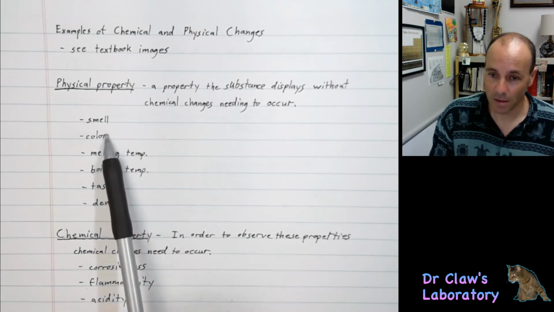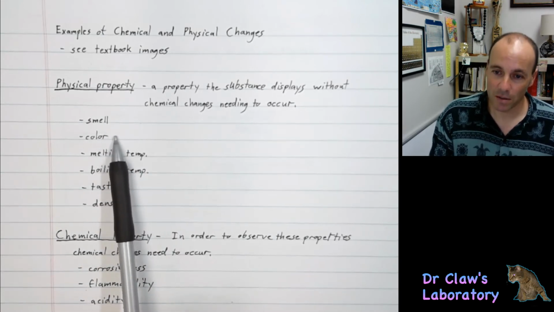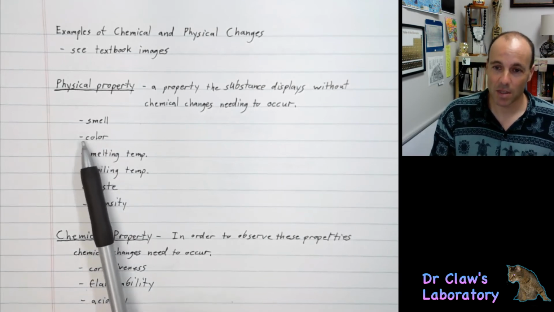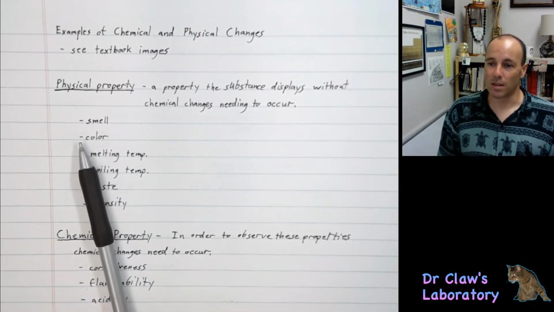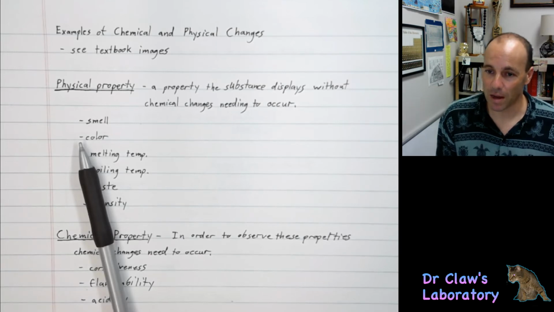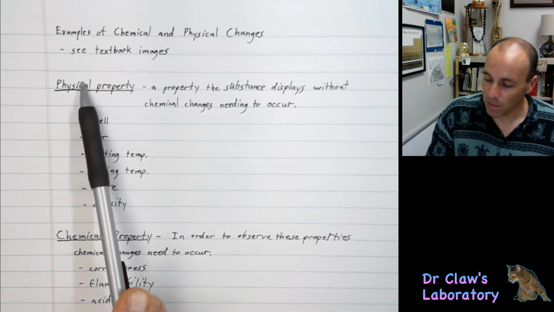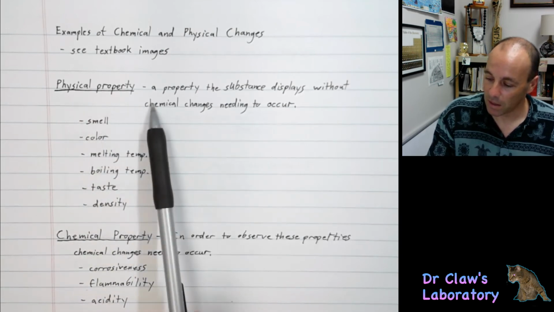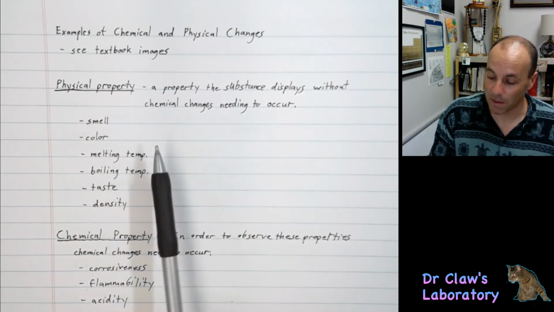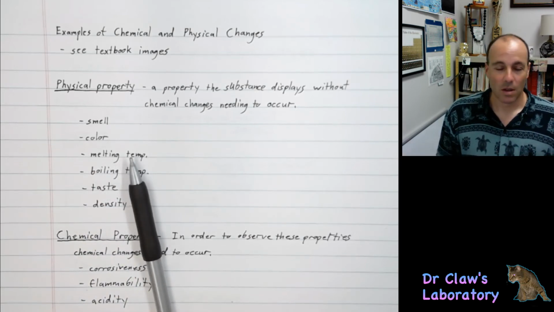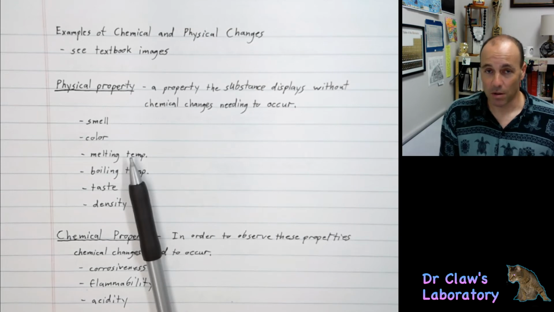The color. You can look at the color of a substance and see what color it is without the substance having to change its identity, without it having to undergo any chemical reaction. In other words, if you're able to observe it without any chemical changes occurring, that's a physical property. Another one might be the melting temperature. For instance, water melts at 0 degrees Celsius.